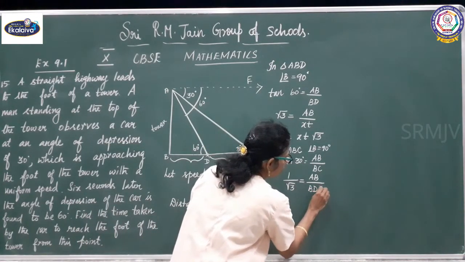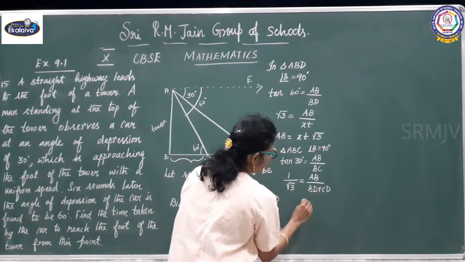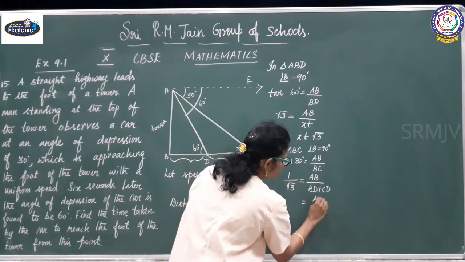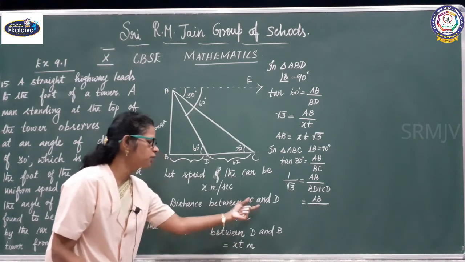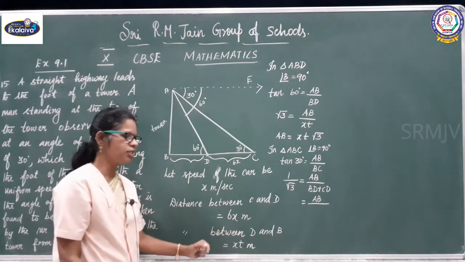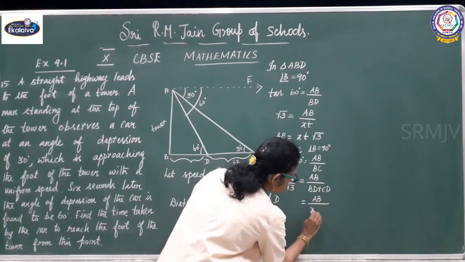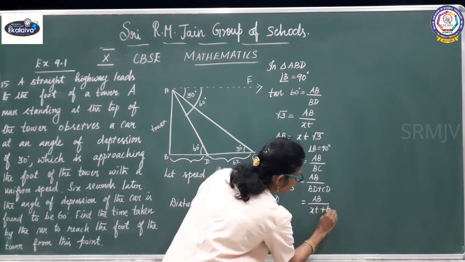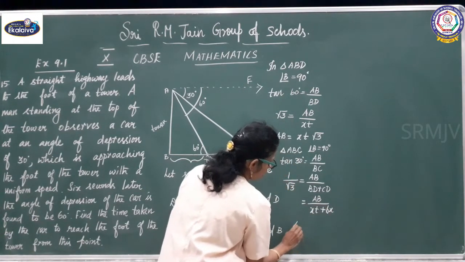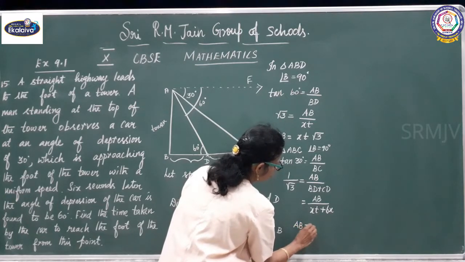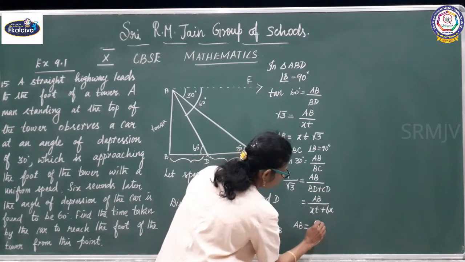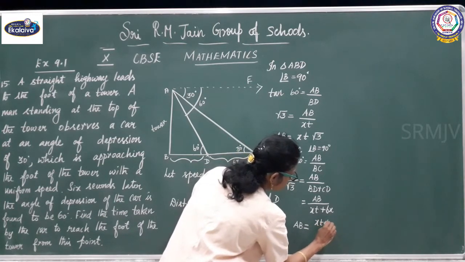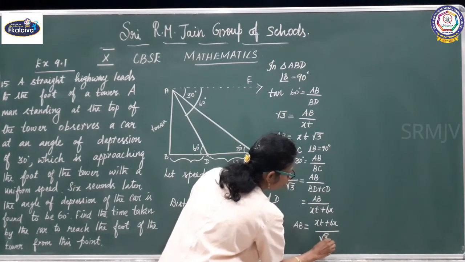AB divided by BD we know xt, and the distance between C and D is 6x. So xt plus 6x. You cross multiply, AB equal to xt plus 6x divided by root 3.